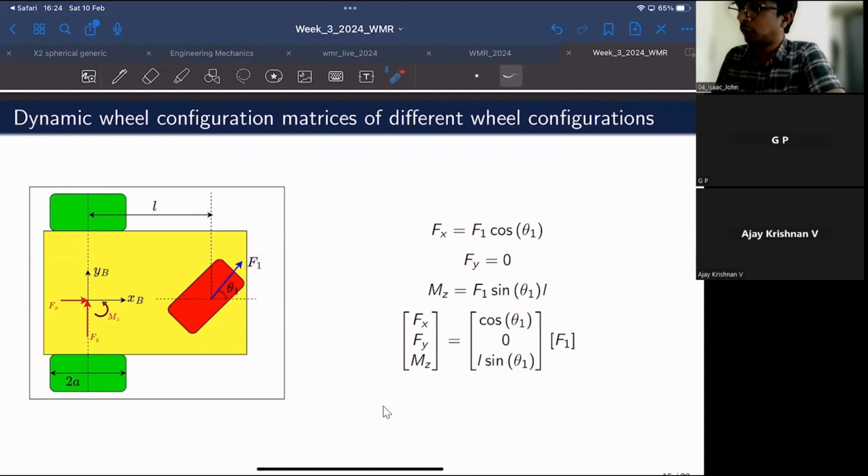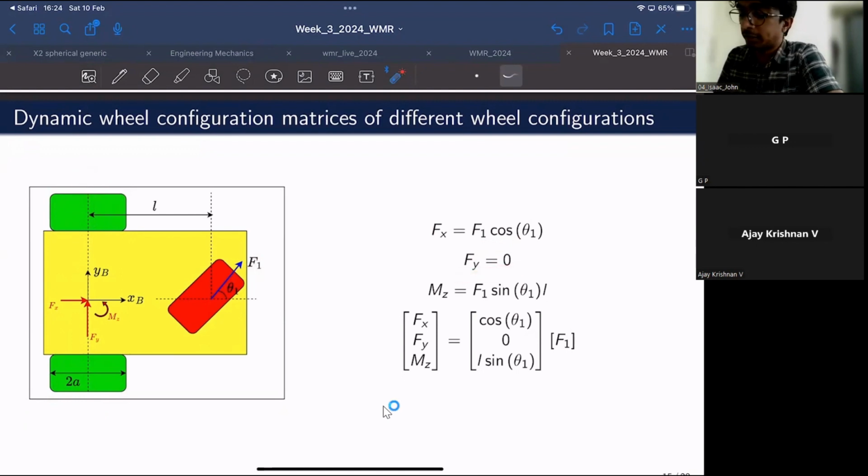So again, if you further resolve F1 onto XY and the moment about the z-axis, you will end up with Fx equal to F1 cos theta 1. And for Fy, since these passive rollers exert infinite resistance in the lateral direction, however much force F1 exerts, it cannot contribute to any traction along Y. So we consider Fy to be 0.